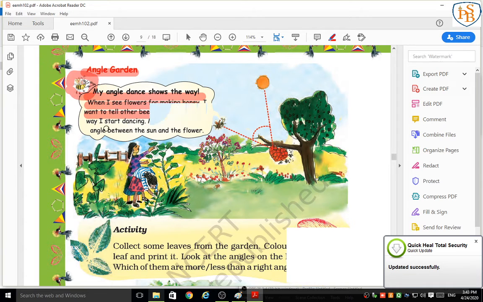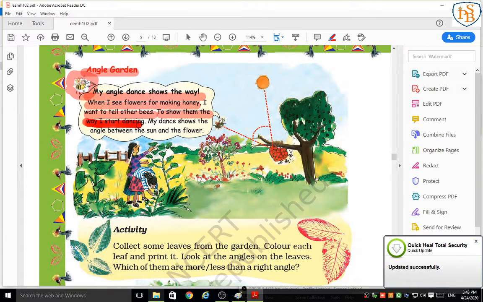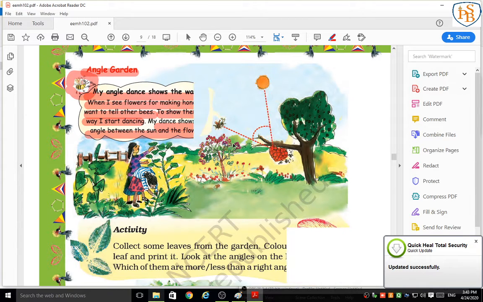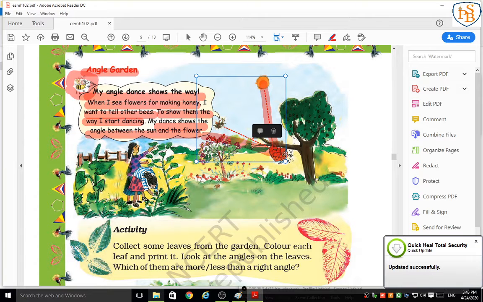To show them the way, I start dancing. My dance shows the angle between the sun and the flowers. I dance to show the angle between the sun and the flower. So what angle, what type of angle is it? From the sun to the flowers. What type of angle is it?